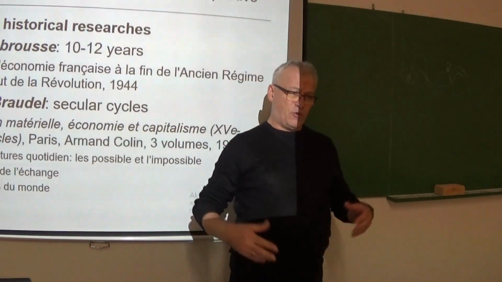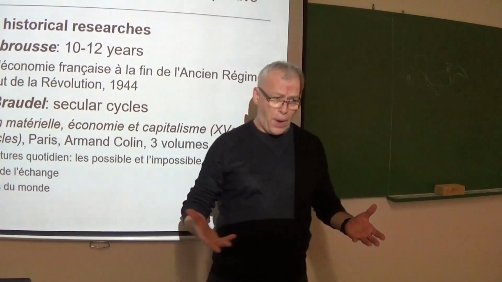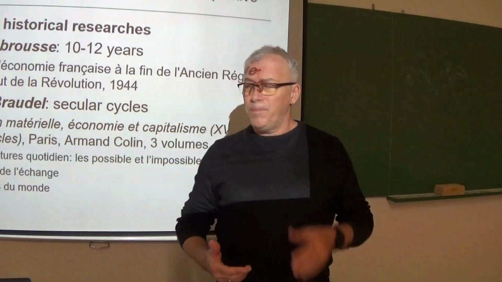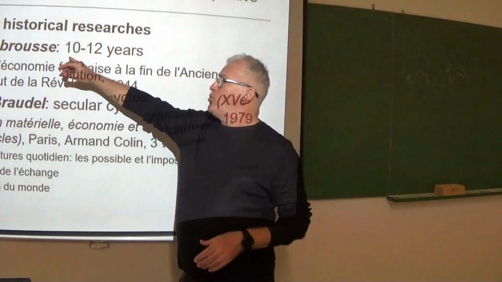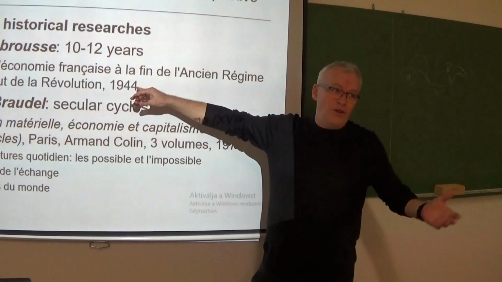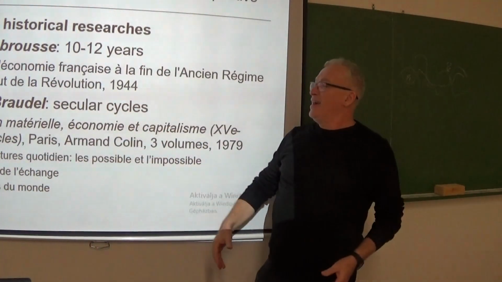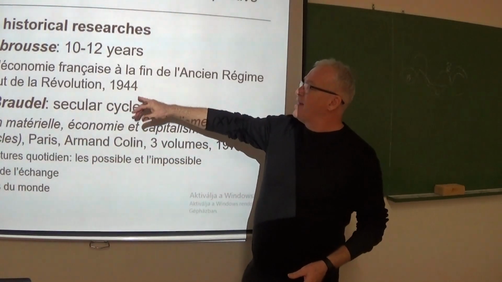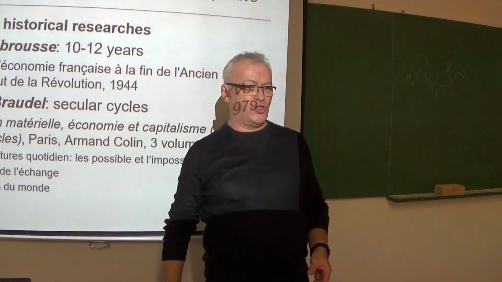But historians try to apply the concept of the cycle. For example, Ernest Labrousse, a French scholar, during the Second World War, with a lot of free time at home, analyzed the background of the French Revolution.